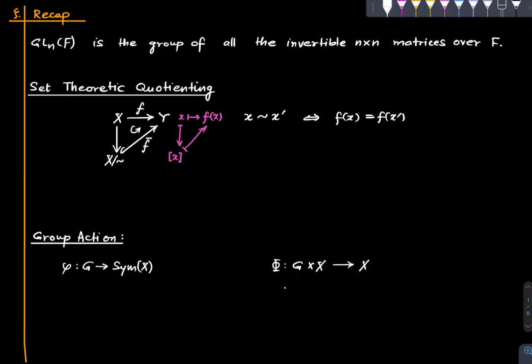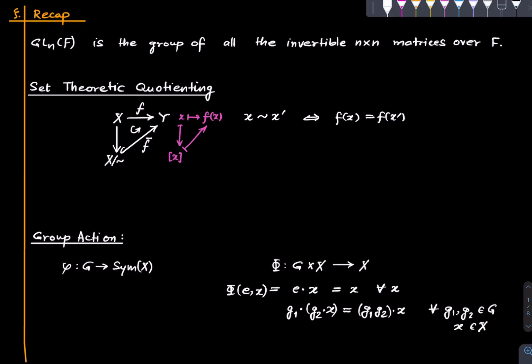The first property is that e dot x equals x for all x, where e dot x is shorthand for phi of e comma x. And the second is g1 dot (g2 dot x) equals (g1 g2) dot x for all g1 and g2 in the group and x in the set.